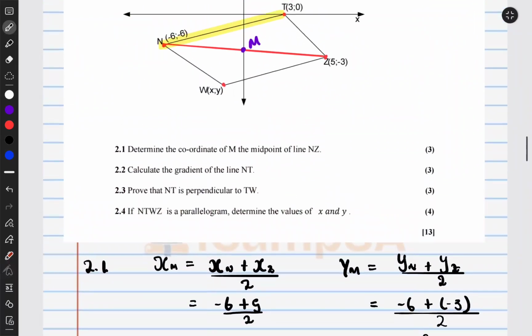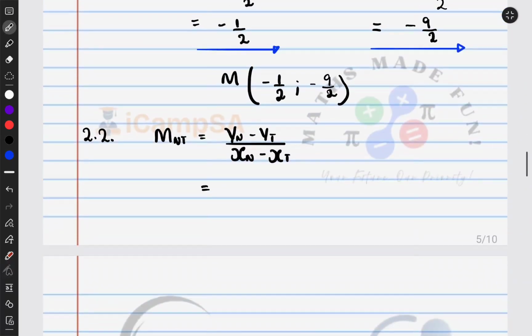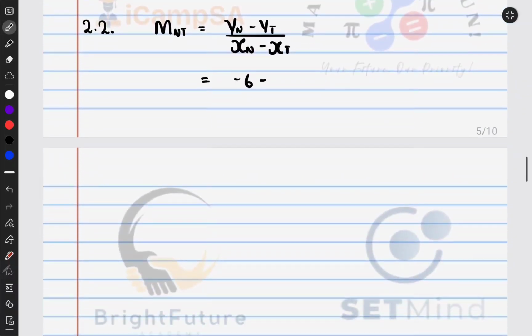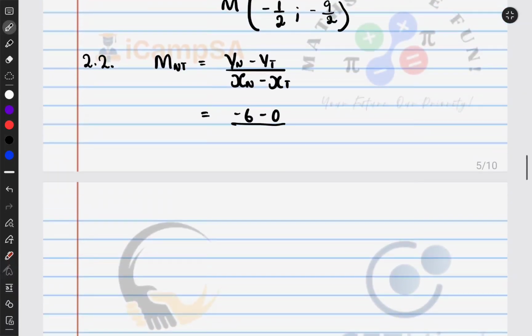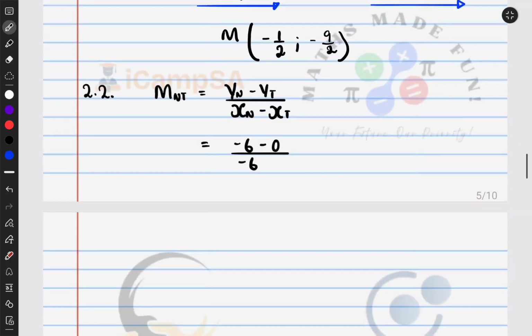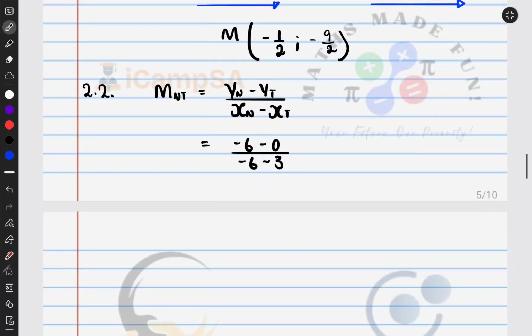This will be equal to the y of N, which is -6, minus the y of T, which is 0, over the x of N, which is -6, and the x of T, which is 3.